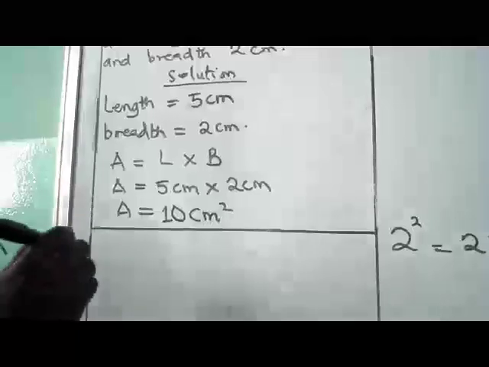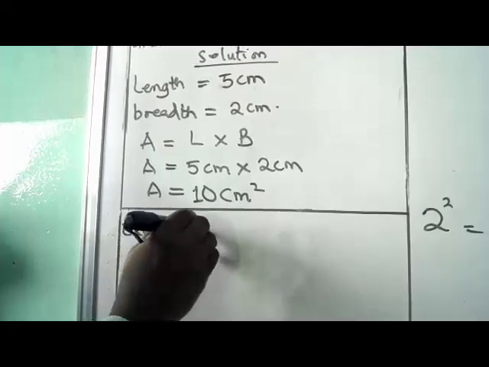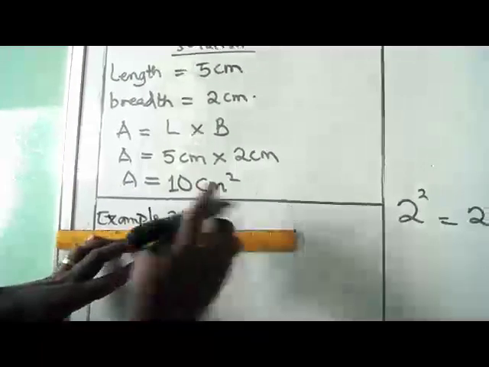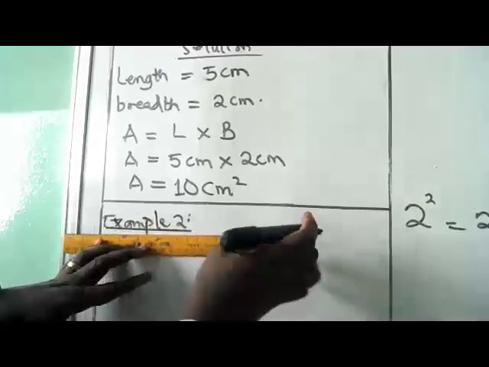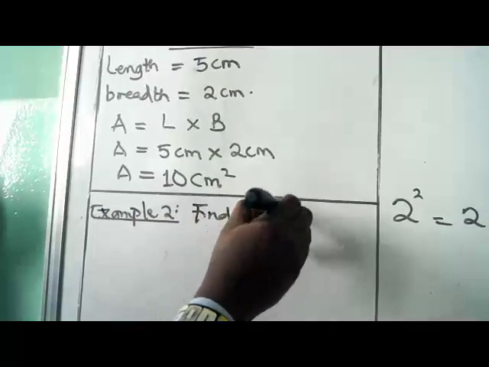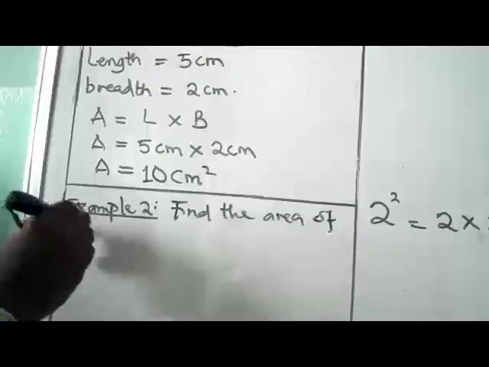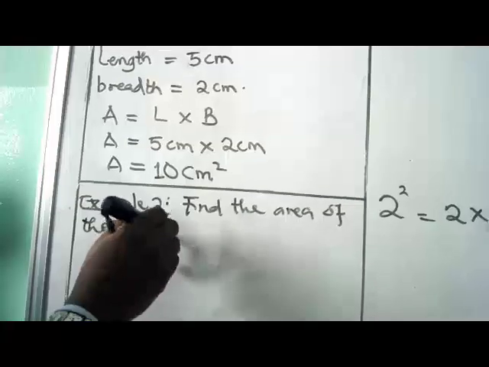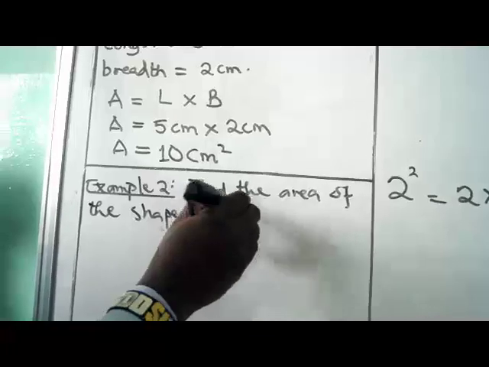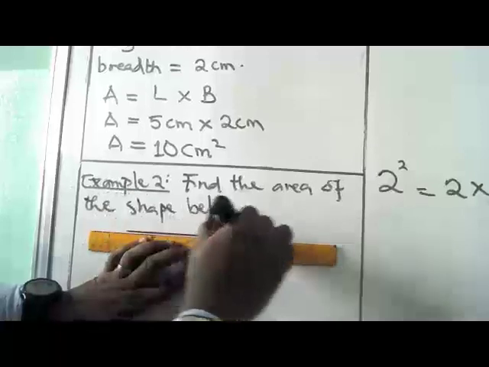Now let's quickly look at the second example. Example 2 says find the area of the shape below. So we have the shape, it's going to be a rectangle.